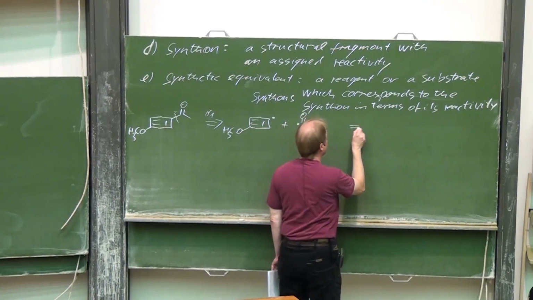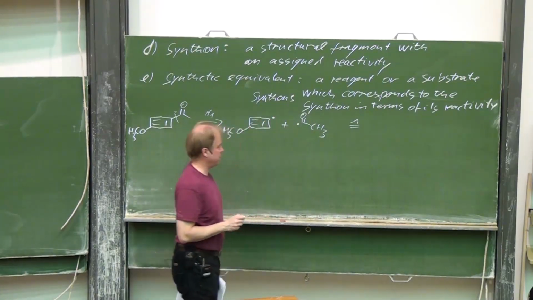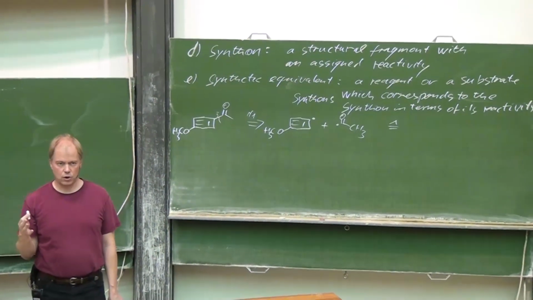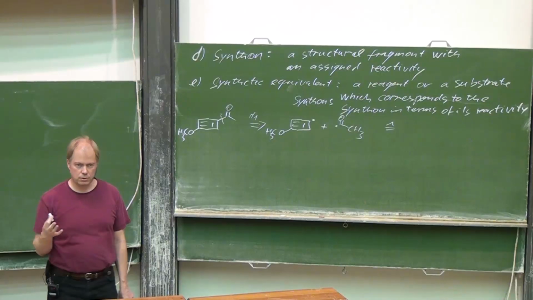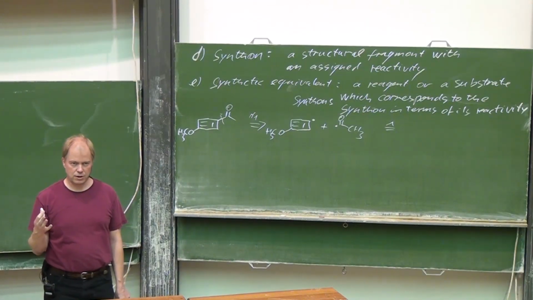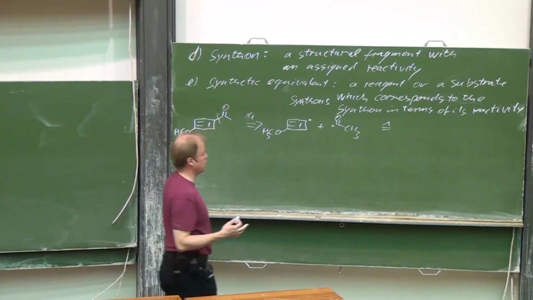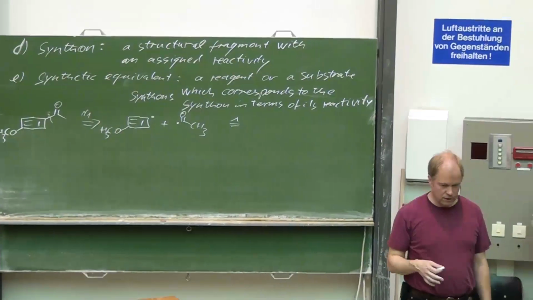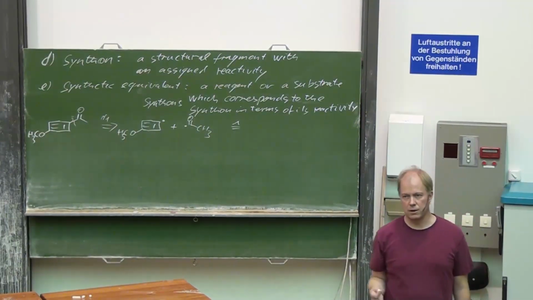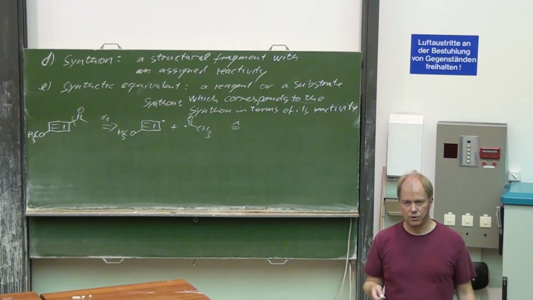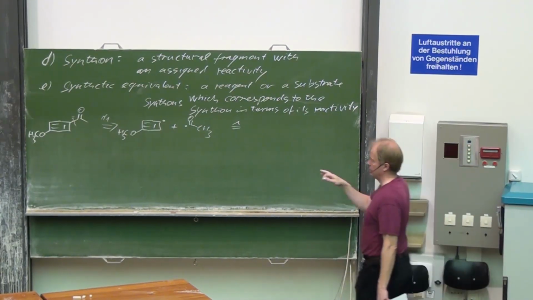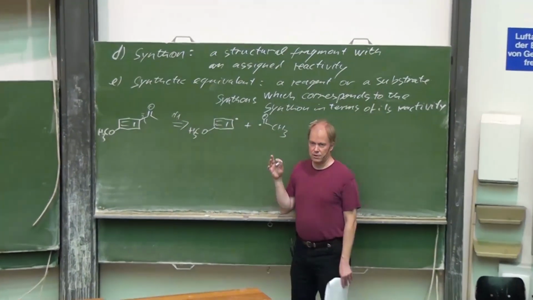And then we would have to figure out what kind of reagent or substrate could deliver such a reactivity. So we would have to think about what could we introduce which will deliver radicals under certain reaction conditions, photochemically or so. But why is that not a good idea in this case?